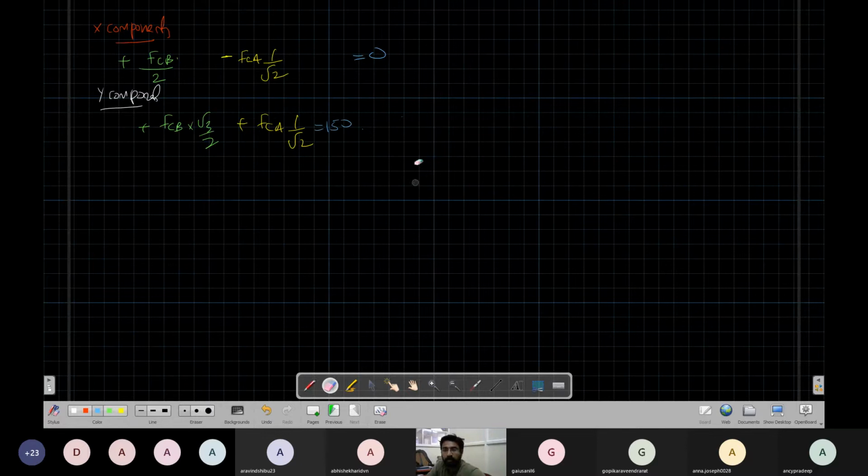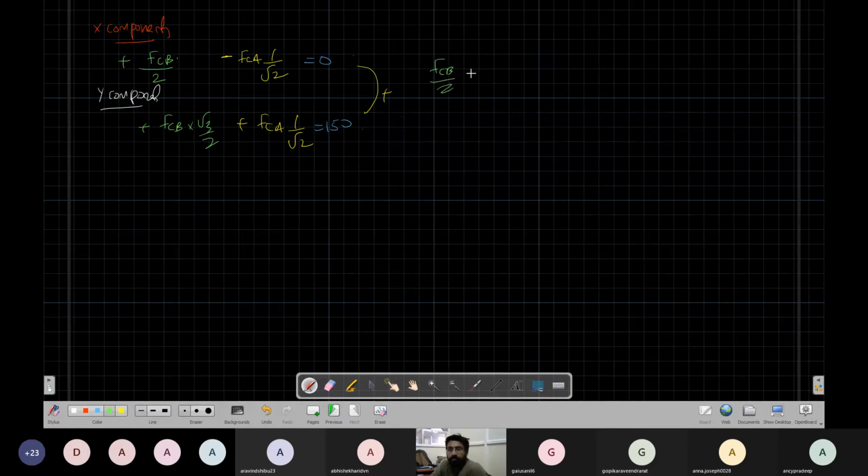Now solve the equations with the values of FCB and FCA. How do we solve this? It's simple. If you add these two equations, what you will get?